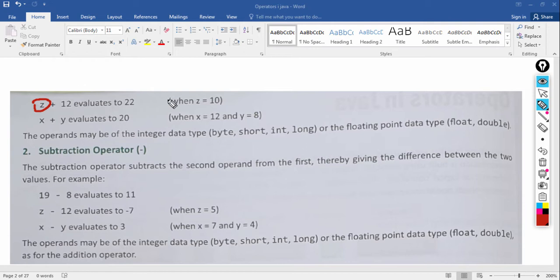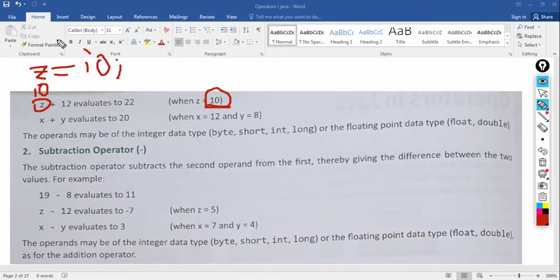So z is storing an integer literal. When the program is executing, z will be replaced by 10, because we have assumed that previously the value of z was defined, let's say, as 10.